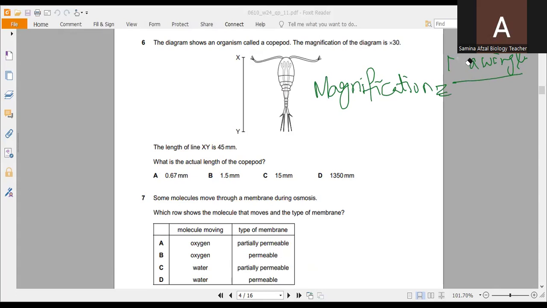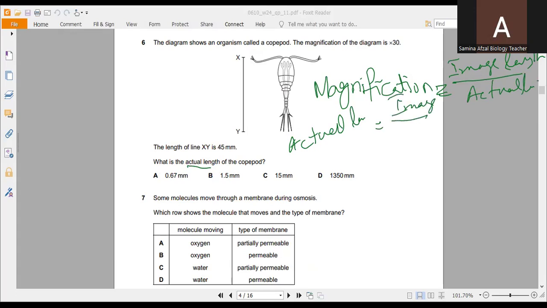You can use the word image over here. In this case, we have to find the actual length. So actual length is equal to image length over magnification.